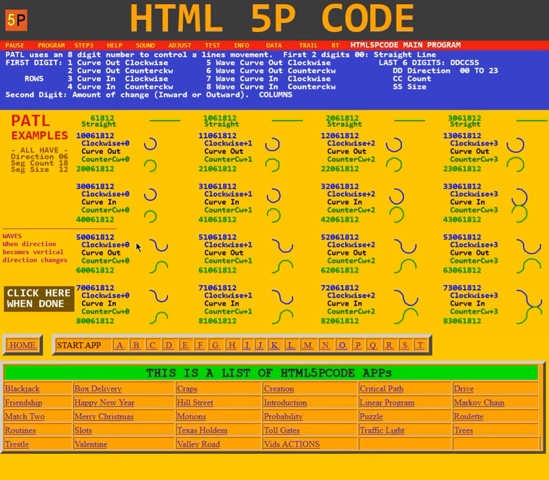So it just makes it easier to make waves using 5, 6, 7, and 8. So you see, it curves out, and then we have the ones that change to counterclockwise and curve out, and then we have the curves in for clockwise and counterclockwise.